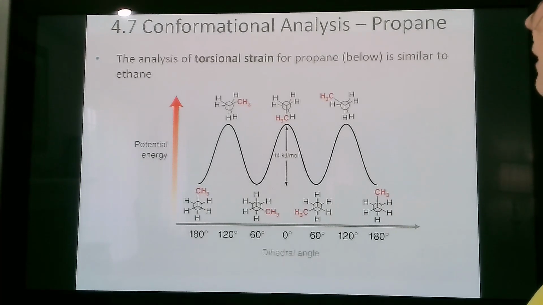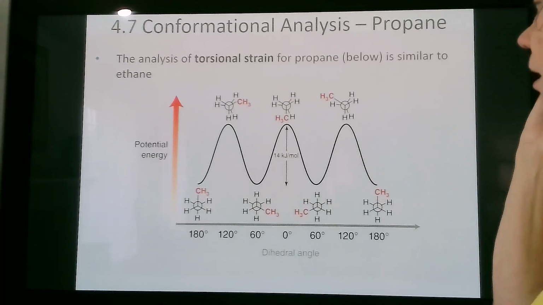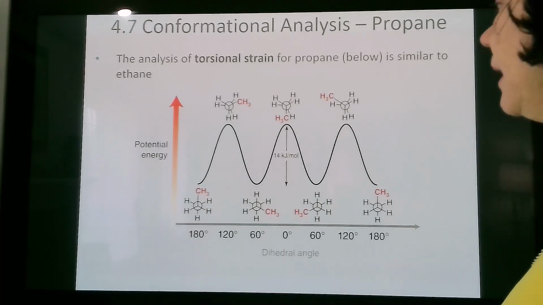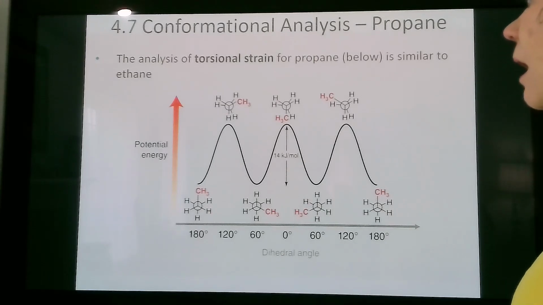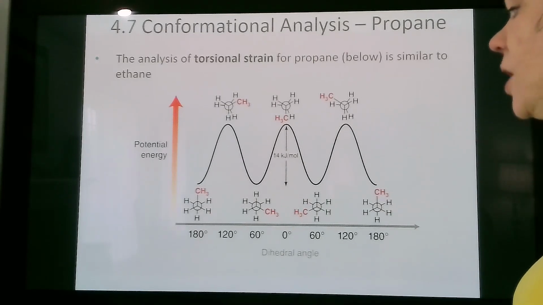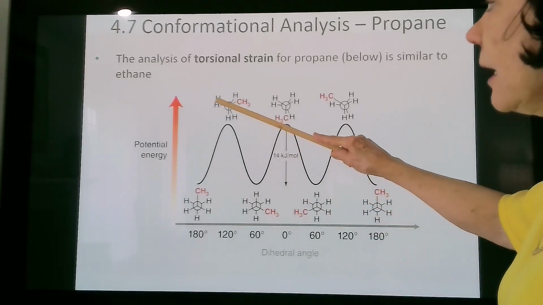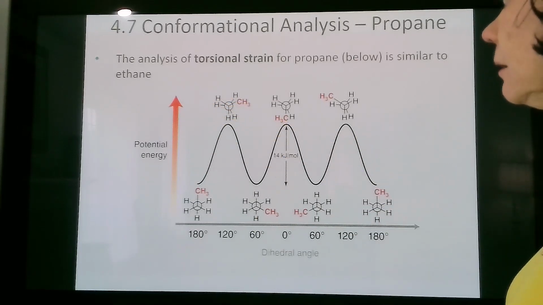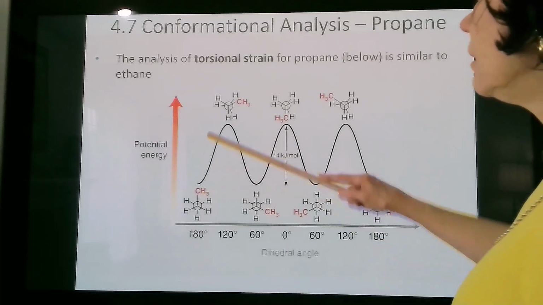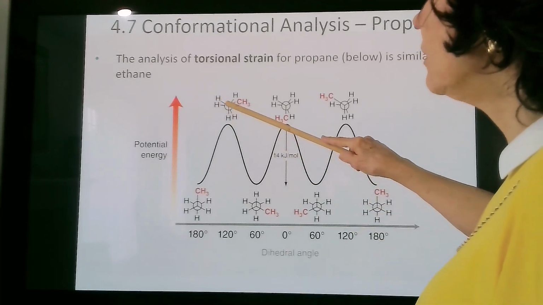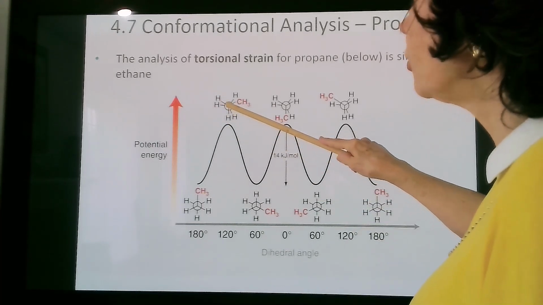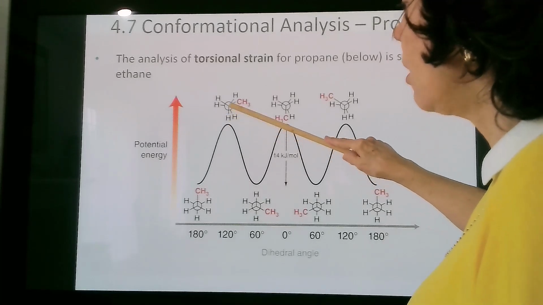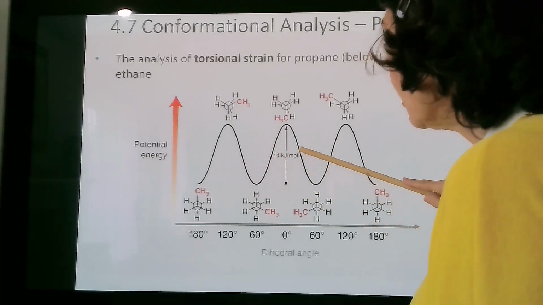So now let's go back. Remember I said to keep that in your mind. The eclipsing of the CH bonds, like here, is 4 kilojoules. So in these eclipsed conformations, you can see this would cost 4 kilojoules. That would cost 4 kilojoules. The total here is 14.